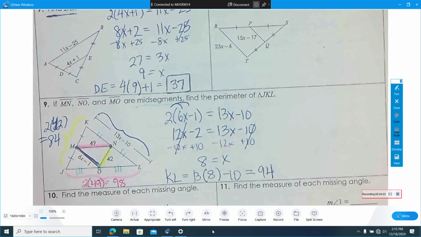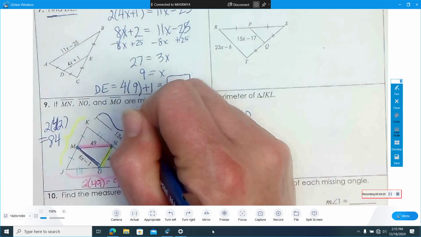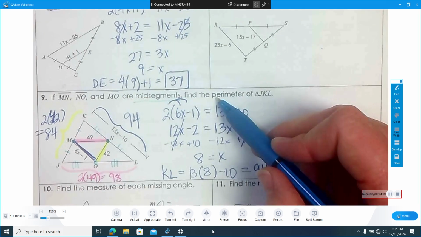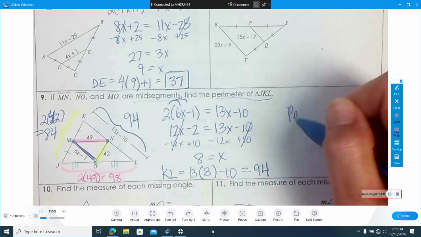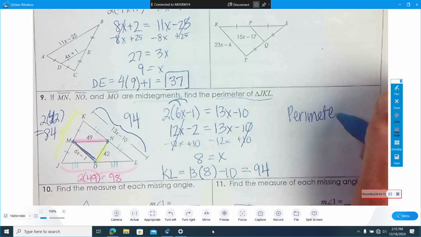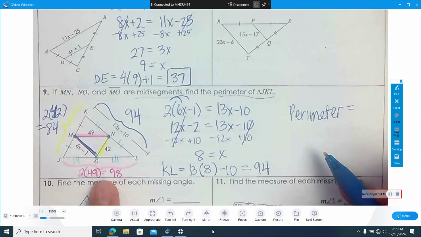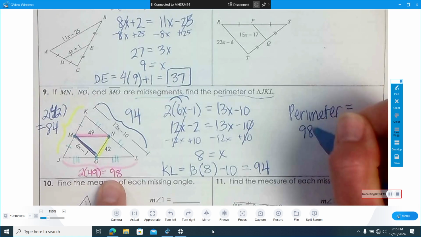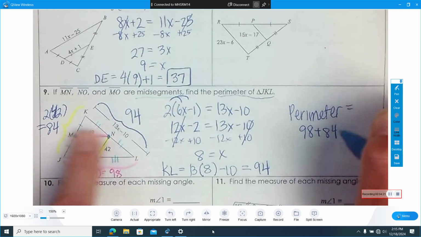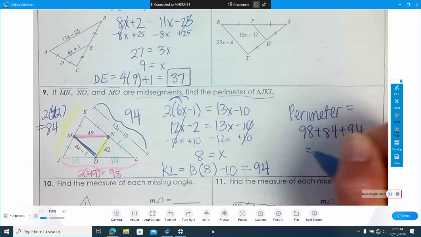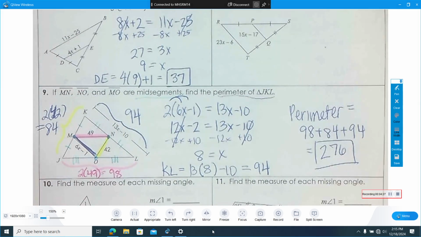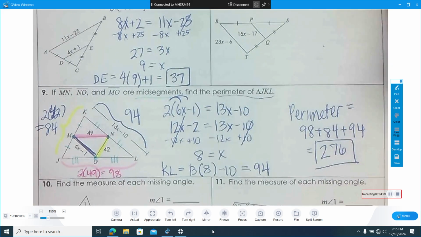Am I done now? Nope. So that is 94. Our job was to find perimeter. So our perimeter would be 98 plus 84 plus 94, which does equal 276. Good job. All righty.